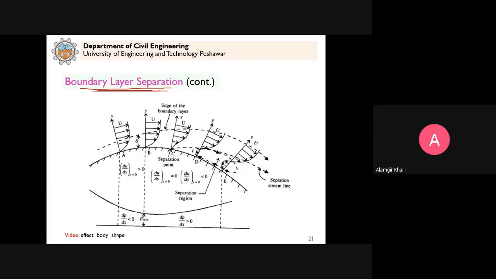First, we study the mechanics of this, and then how we can avoid this boundary layer separation. You can see here that as this fluid moves past this surface, from point A to point B we have a pressure gradient dp by dx, and the velocity is denoted by u. So essentially we are considering flow in the x direction, clear?